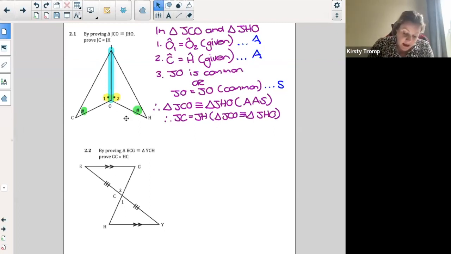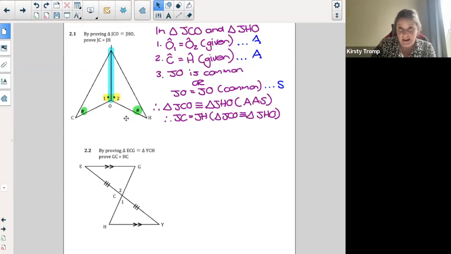It says, by proving that triangle ECG is congruent to triangle YCH, prove that GC is equal to HC. So now this was the one that I said to you, be careful that they don't trick you. Okay? Be careful here that they don't trick you, guys.